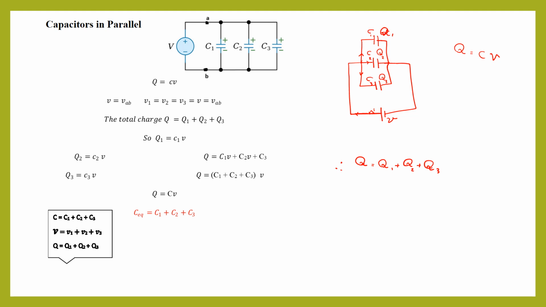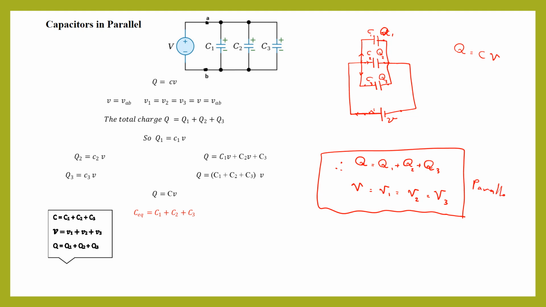However, about the potential, everybody, the potential on each of these plates will be the same as the potential of the battery. In fact, we should write V of battery equals V1 equals V2 equals V3. This means your capacitors are connected in parallel.